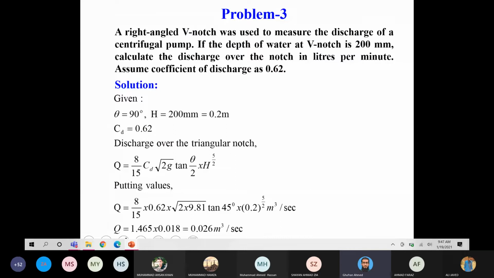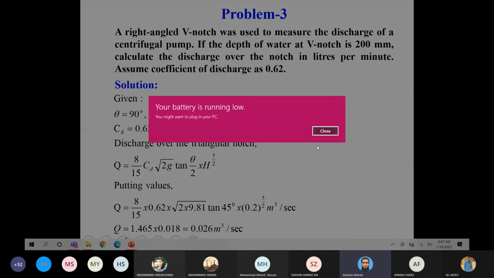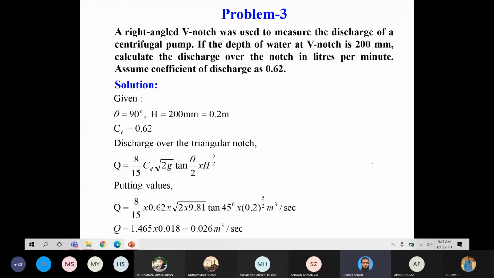So here is a very simple example of a triangular notch. A right angled V notch was used to measure the discharge of a centrifugal pump. If the depth of water at the V notch is 200 millimeters, calculate the discharge over the notch in liters per minute.